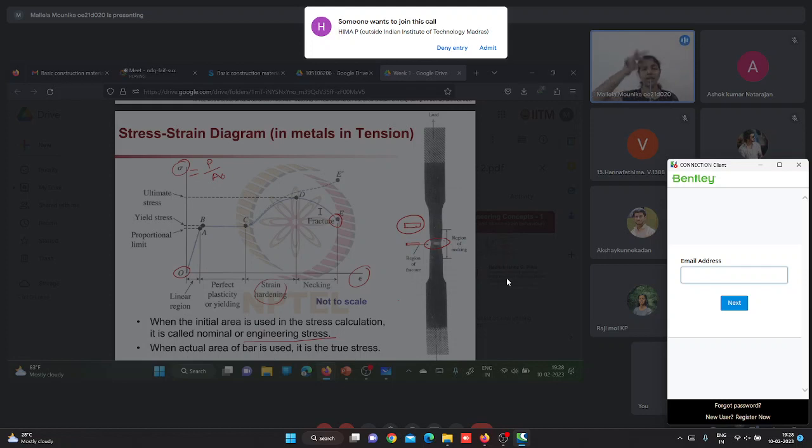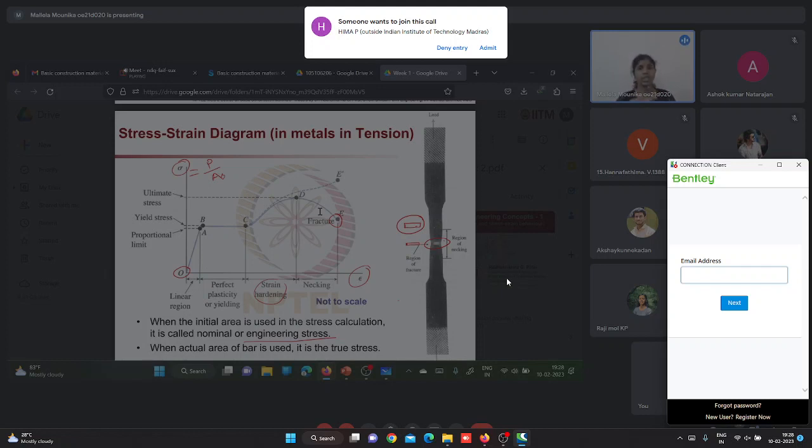Because of this, the material will get elongated, and in the center of the material you can see some reduction in the area. That is known as the necking region.